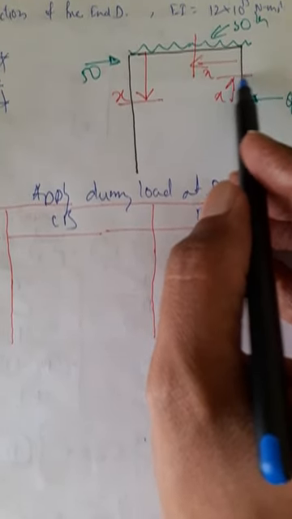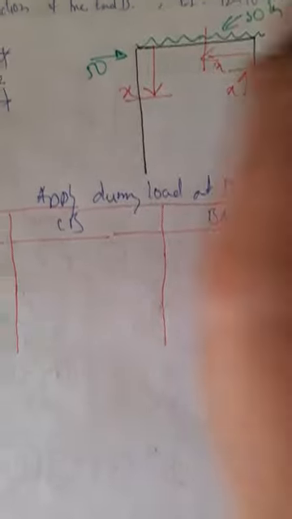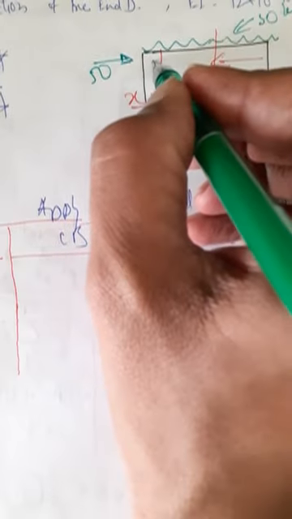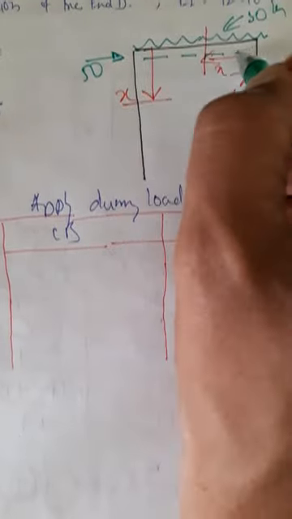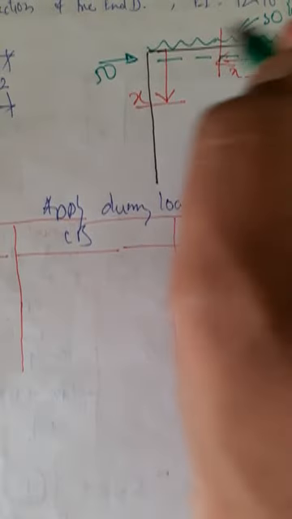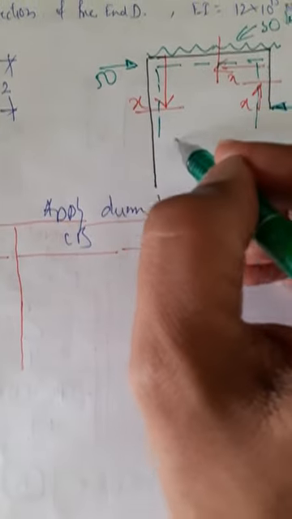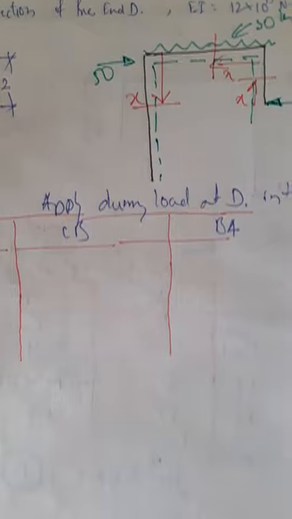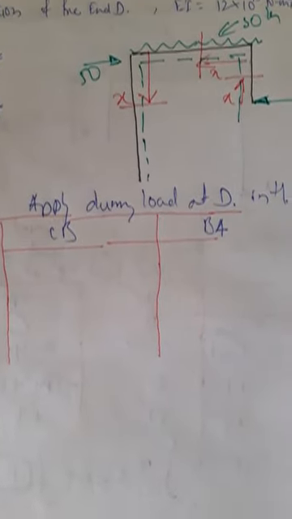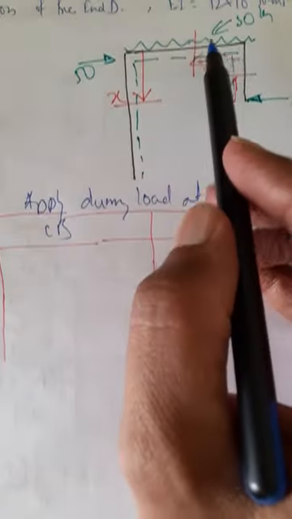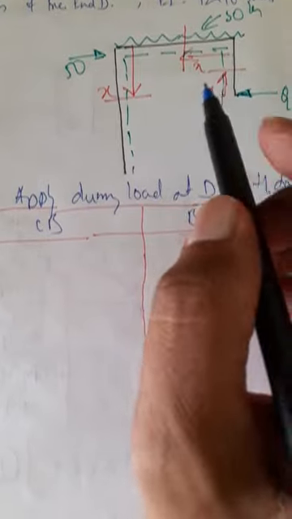At this point, to find out whether it is positive or negative, I am simply going to draw a dotted line on the inside. Any force which produces tension on the dotted line is taken as positive. The force which produces compression on the dotted line is negative.